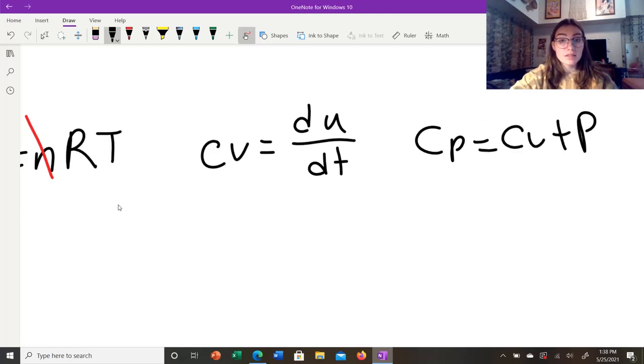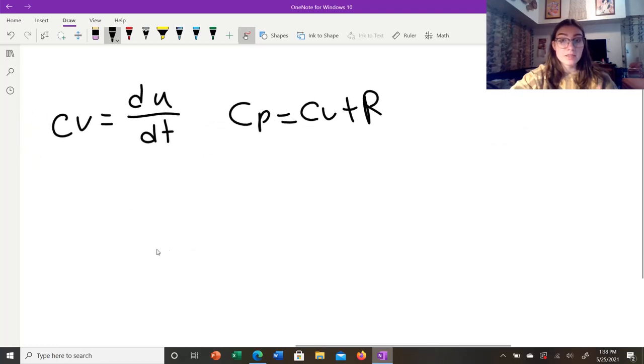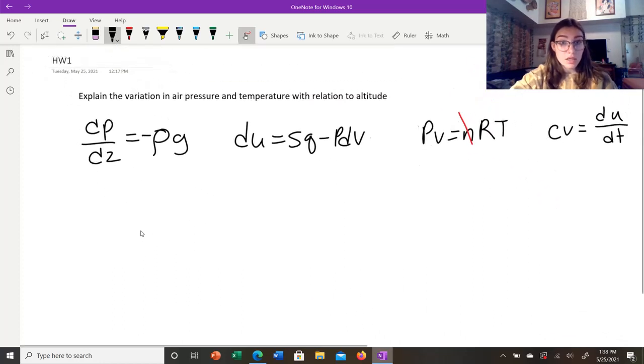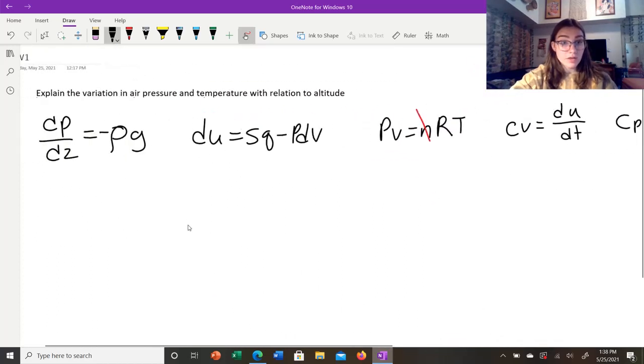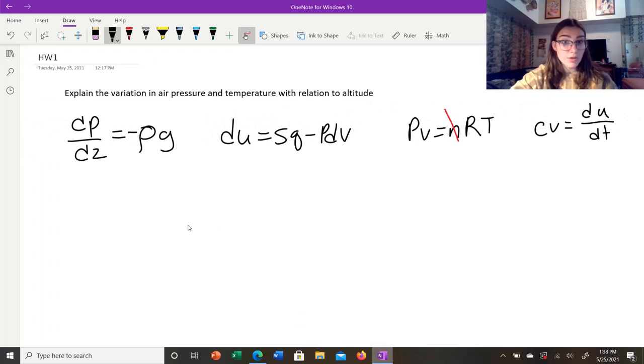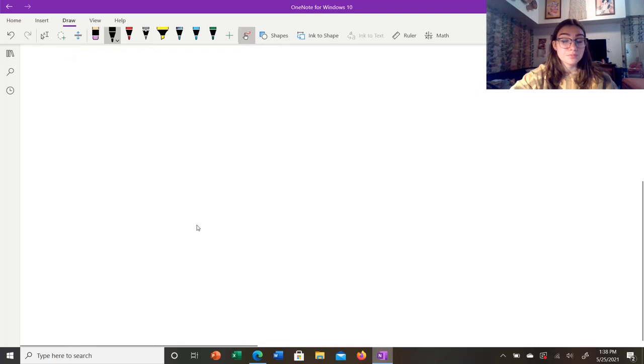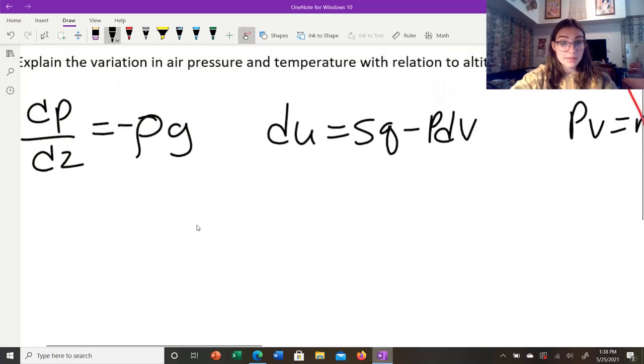Similarly, CP equals CV plus R, where CP is the heat capacity at a specific pressure. These are equations we're going to be using to find our equations. First, we're going to start by using our first equation, the one with statics, and the third equation, the ideal gas law.